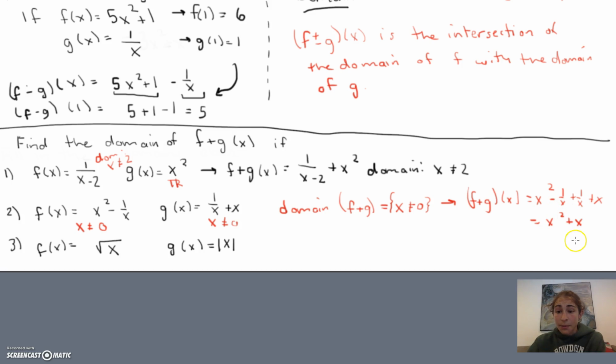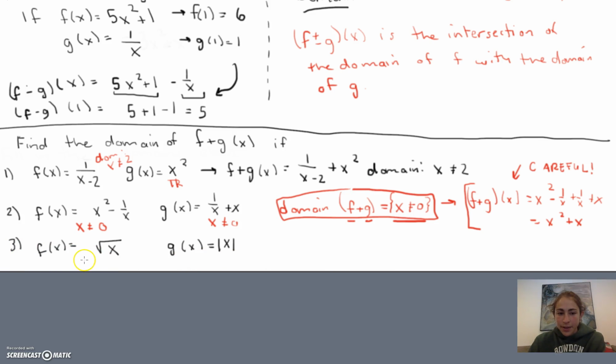This looks like the domain should be all real numbers, so we need to be a little bit careful. If we had done this part first, we would have thought the domain was all real numbers. But since the function was formed by combining f and combining g, the old restriction still remains. So you have to be careful. The correct domain is this one.